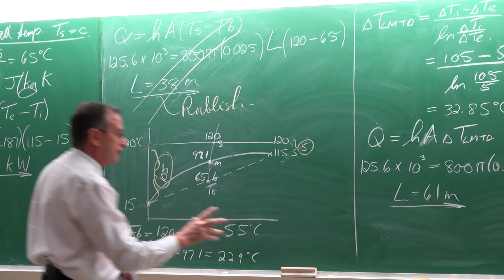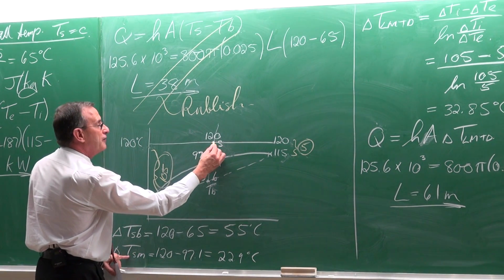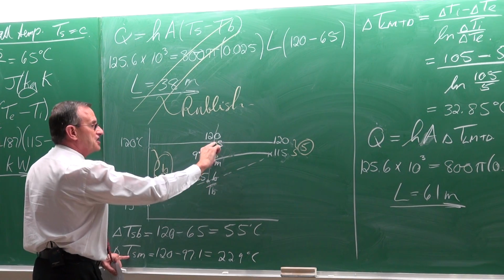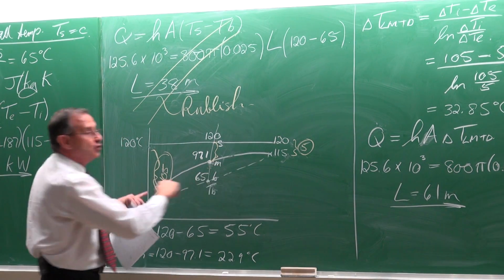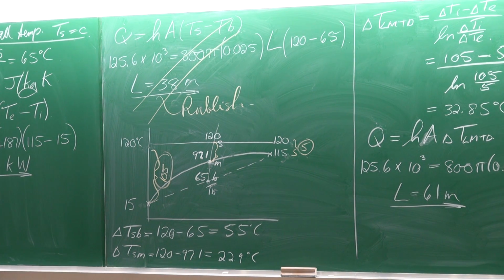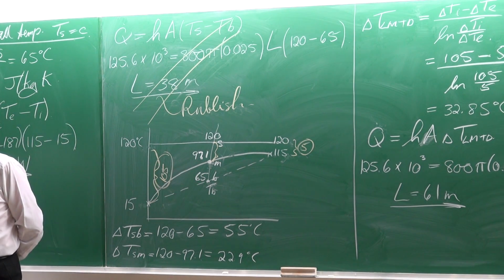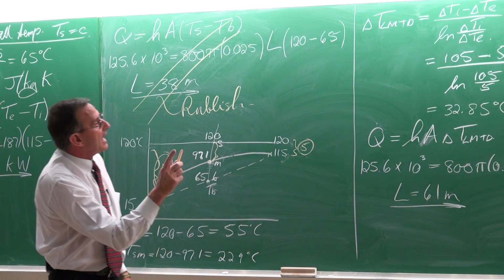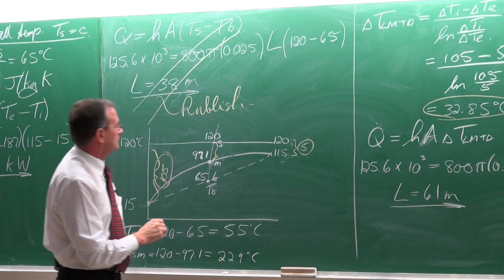Now do not get confused. This TSM that I'm referring to there is just that difference. That is not a true difference if you do a full integration. I'm just trying to show you the point in terms of where that temperature really is. The real temperature difference is 32.85.